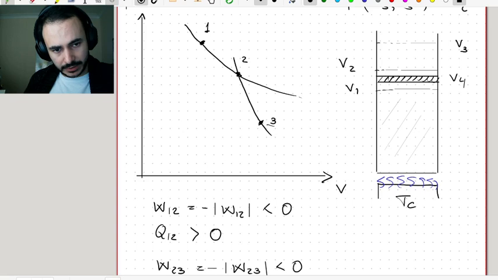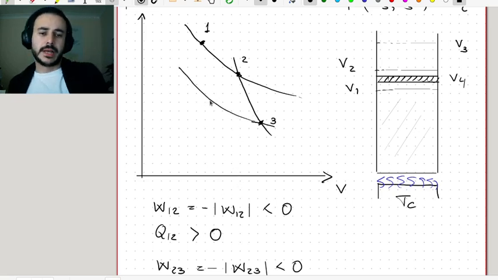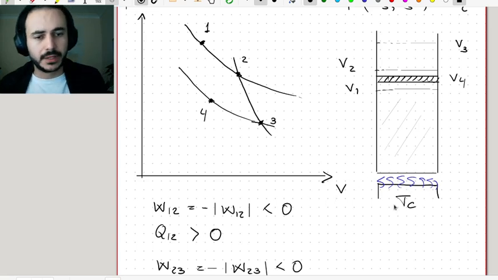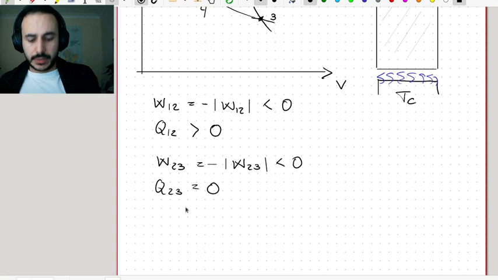And this stroke is also a reversible stroke, and it will look something like that, let's say. And you stop at a certain point. Let's say you stop here in state 4. Now what happens to the system in this new stroke, going from 3 to 4?